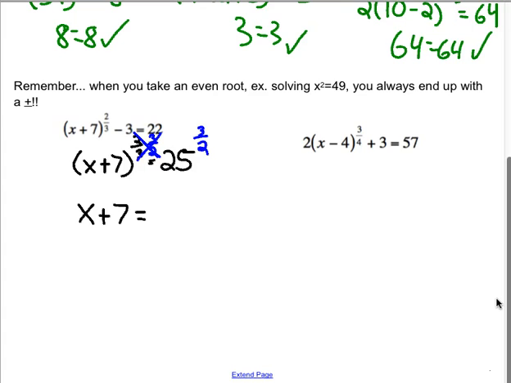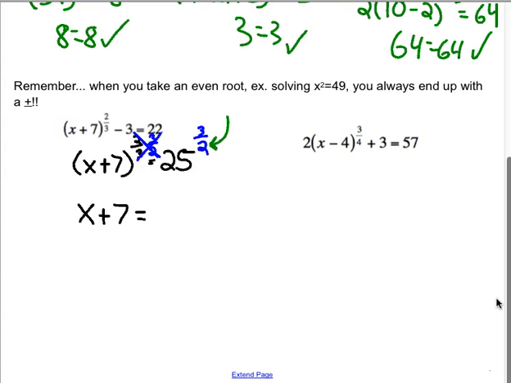2/3 or a 3/2 power. So remember, whenever you have a power on the bottom, power on the bottom is a root. So in this case, I'm essentially taking a square root when I use this power.